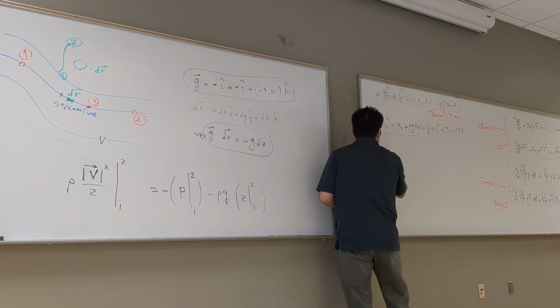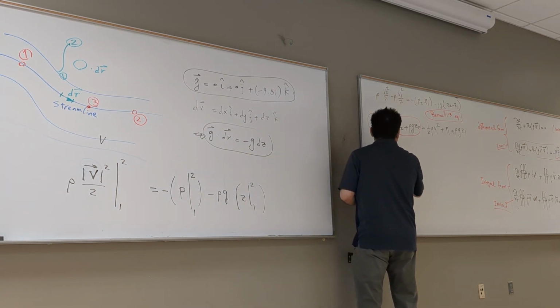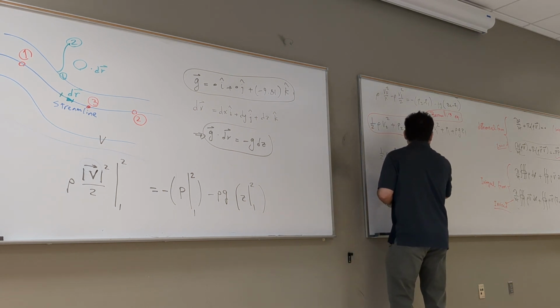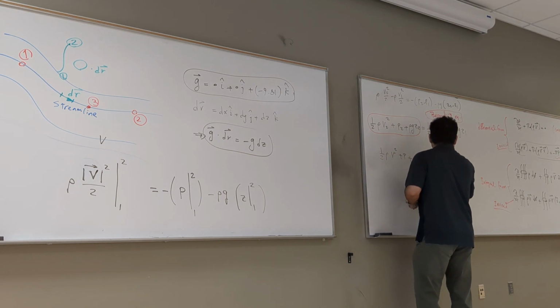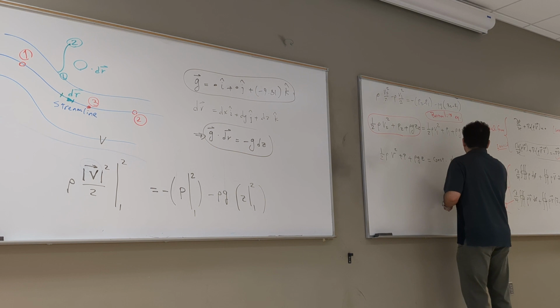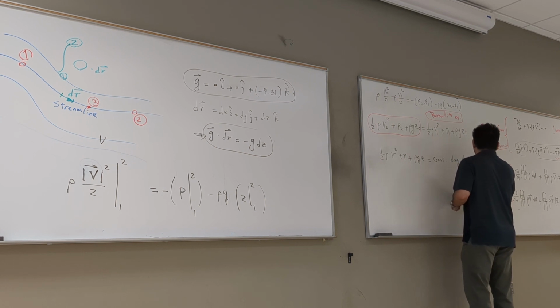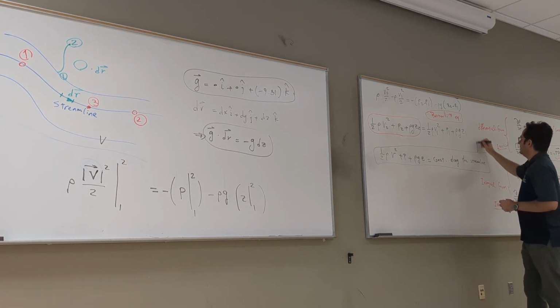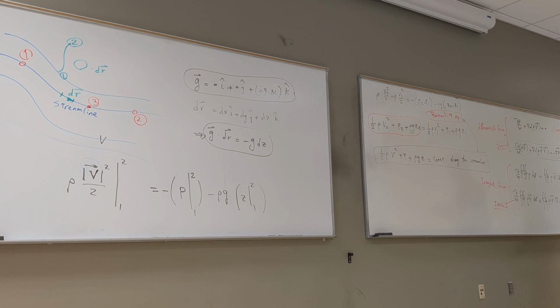So 1/2 rho v squared plus p plus rho g z is constant along the streamline. This is called the Bernoulli equation. Now, this is the one that's the Bernoulli equation.